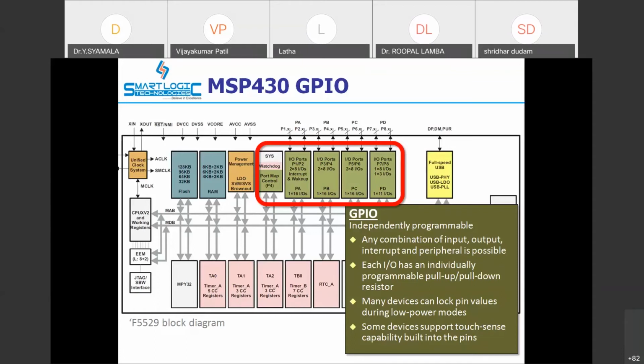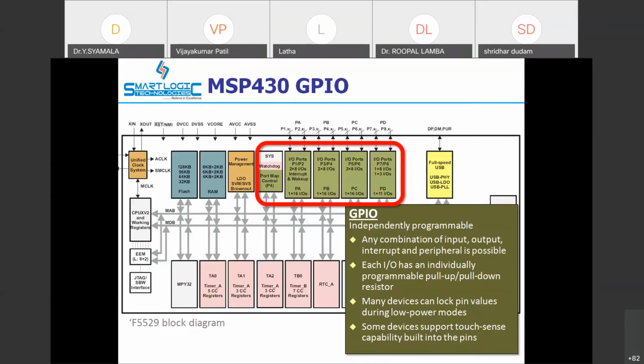If it is a 14 pin IC, there are only two ports, port 1 and port 2. If it is a 28 pin IC, the number may increase. So the number of ports increases with the number of IC pins.